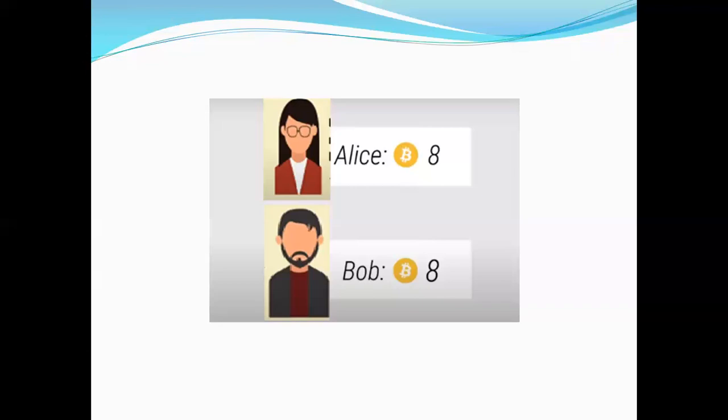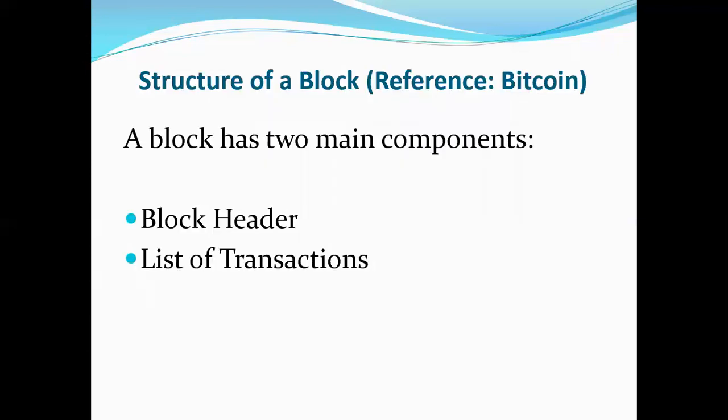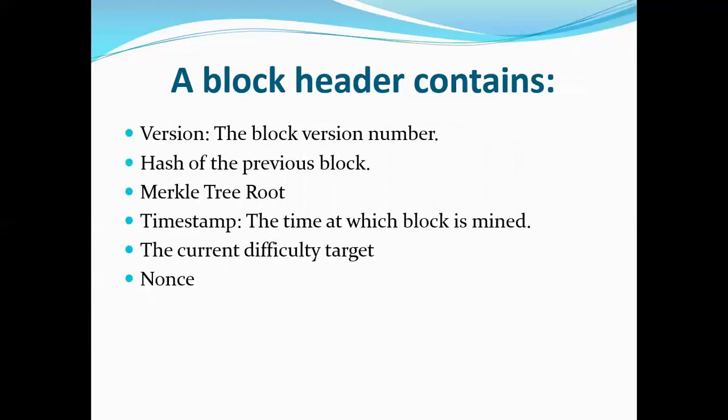Now, just look at the structure of a single block. A block has two main components, block header and list of transactions. Now, block header contains the metadata about a block, which includes the following: the version, that is the block version number, the previous block hash.